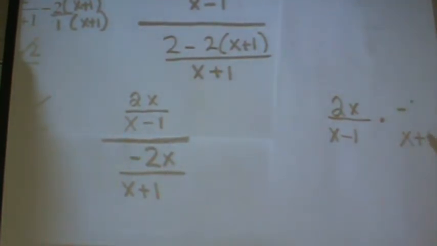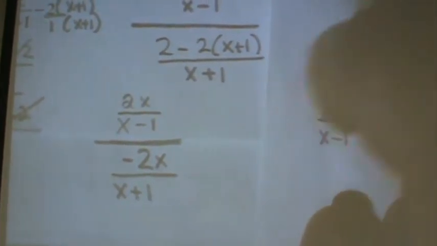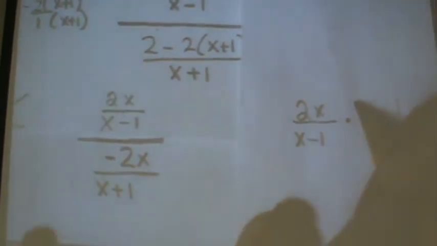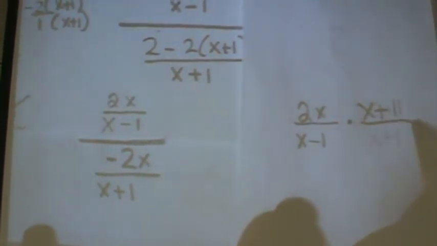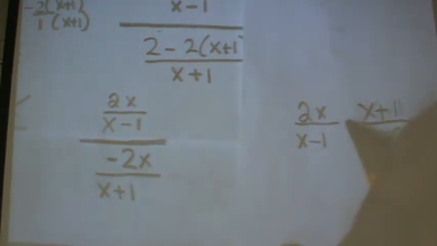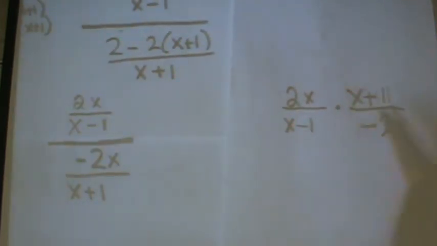Wait, I'm doing it wrong. Sorry, guys. X plus 1 on top and negative 2x on the bottom, right? Yep, that's right. Now what cancels?